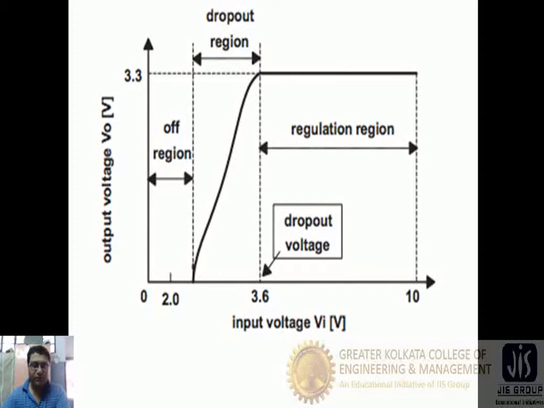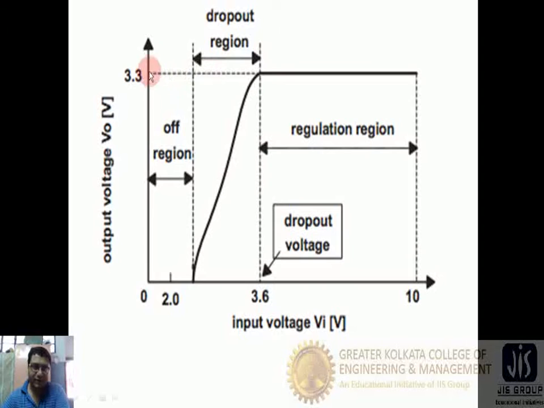So what is a voltage regulator? According to its name, we can identify that the output voltage is going to be regulated. That means if we increase the input voltage, here we can see a graph, the output voltage gets fixed to a particular value.